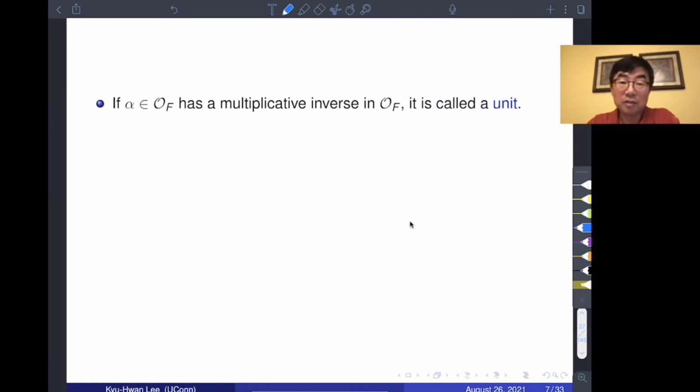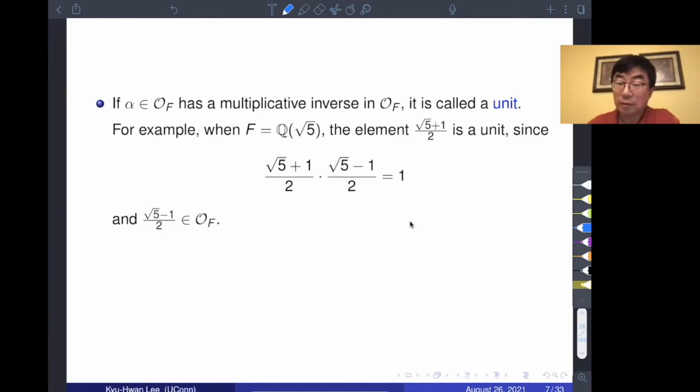And if alpha has a multiplicative inverse in OF, then it is, of course, called a unit. For example, this number is a unit because it has this inverse, and the number square root of 5 minus 1 over 2 is in OF.